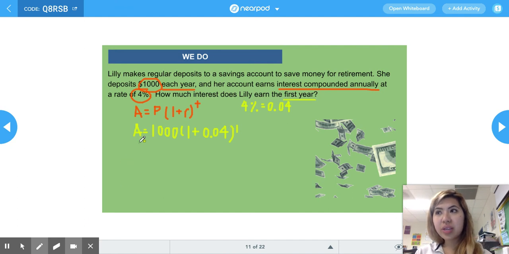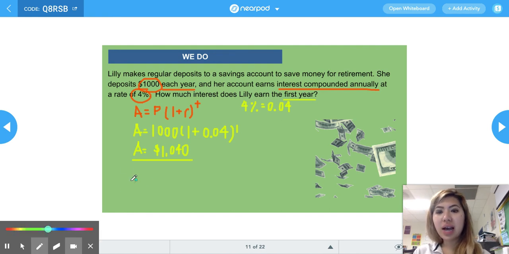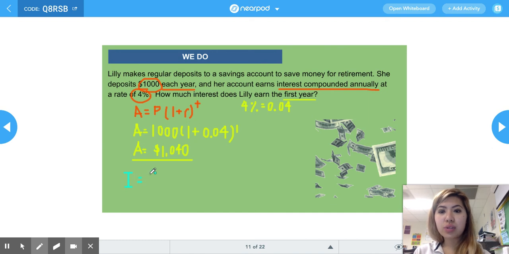If we calculate this in a calculator, we get $1,040 is the total amount in the account. But we want to find the amount of interest earned. So to find I, interest earned, it's equal to A, which is the total amount in the account, minus P, which is the principal amount.